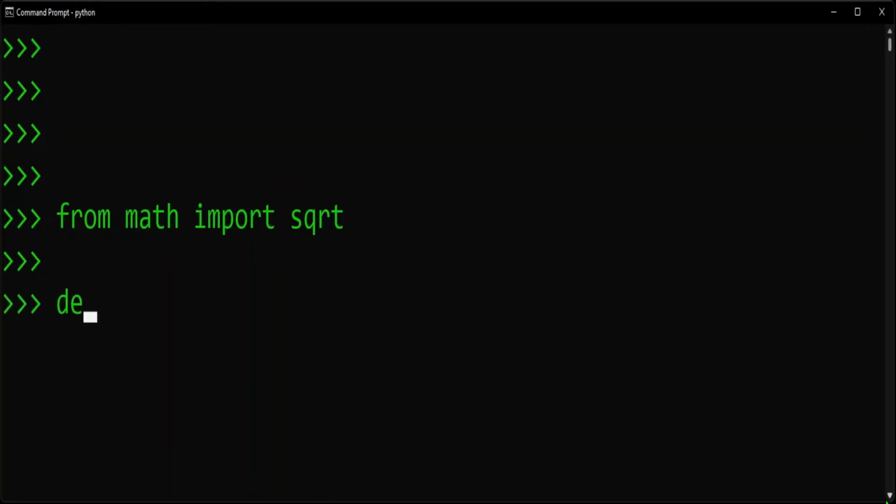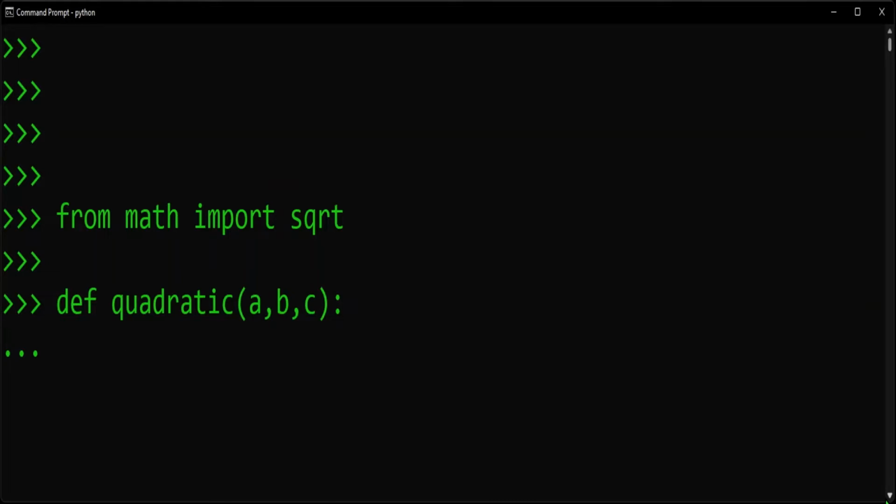We are going to define a function called quadratic, and it's going to take 3 inputs, a, b, and c. Remember the ax squared plus bx plus c. Now, we're going to keep in mind this quadratic equation solver.